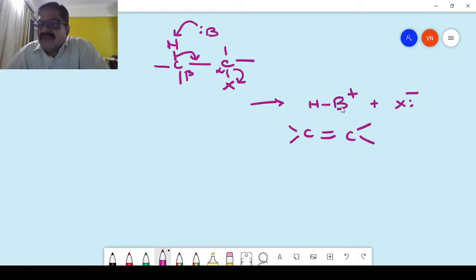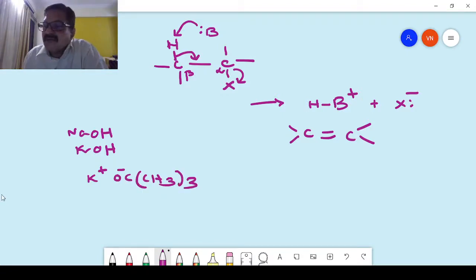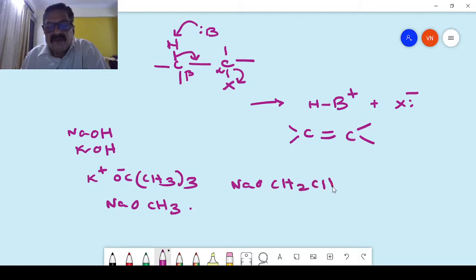These reactions usually take place only with the help of strong bases, like sodium hydroxide, potassium hydroxide, potassium tertiary butoxide, and sodium alkoxides. We can use all these kinds of bases for elimination reactions, and basically these are all negatively charged.